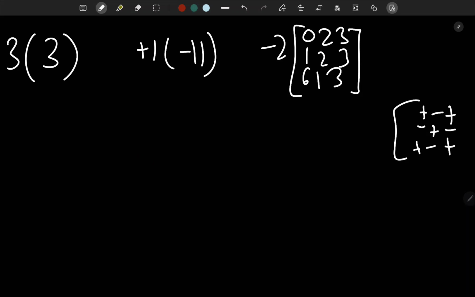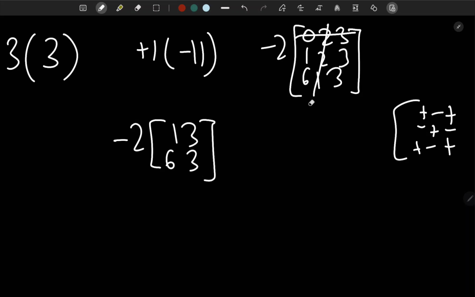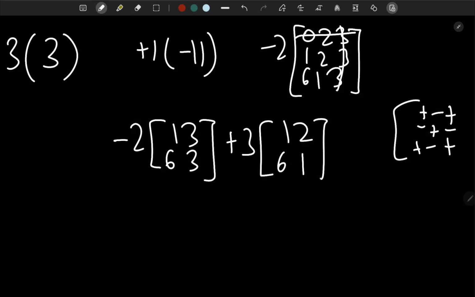And then next number is 2, and the coefficient is minus. Remember that always. Minus 2 into first row and the second column, 1 3 6 3, close brackets, and then moving on to the next coefficient, which is 3 here, plus 3 into 1 2 6 1.